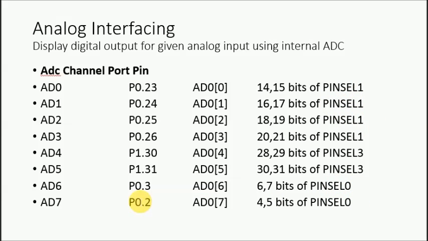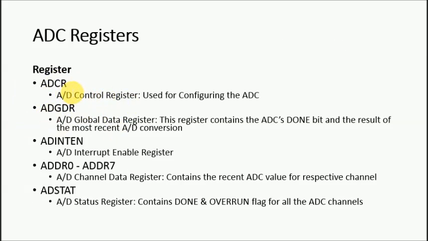Now we have to select the particular pin function. Here we have ADCR, the AD control register, used for configuring the ADC. Then ADGDR, the analog to digital converter global data register, which contains the ADC done bit and the result of the most recent conversion.